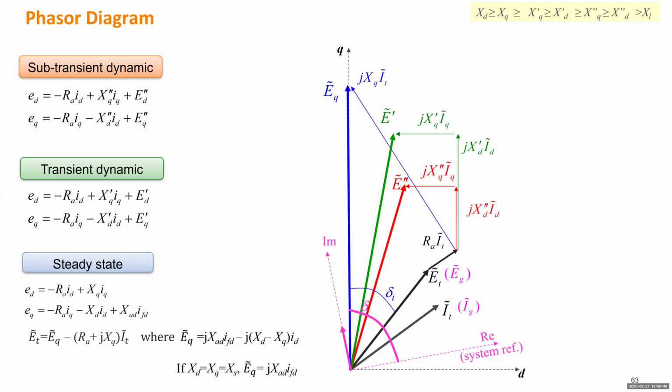So delta I is actually not the rotor angle, it's the internal rotor angle. But the rotor angle is defined to be the angle relative to the common reference. If we know this axis to be the common reference, this angle will be delta.